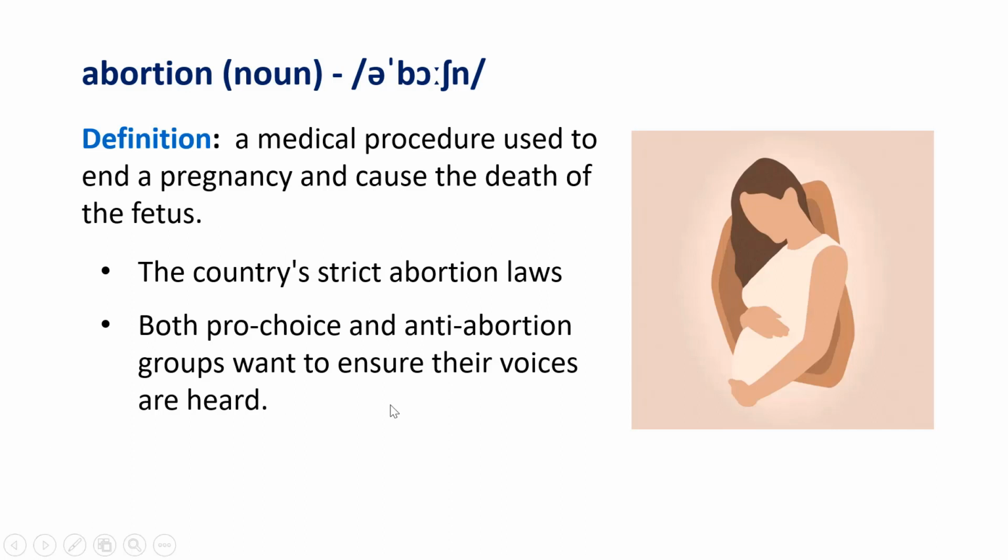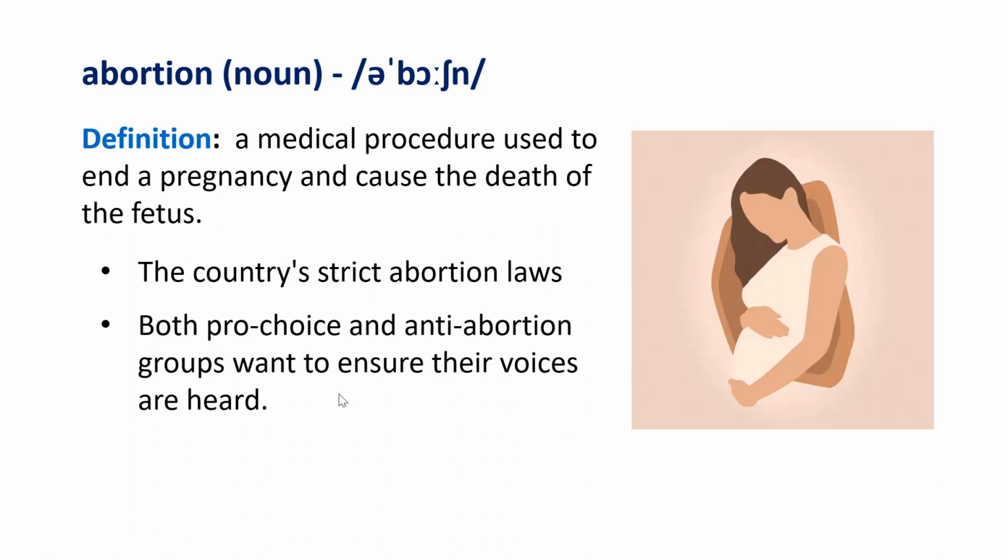So in this sentence, both pro-choice and anti-abortion refer to two groups. One group supports abortion, and the other group does not support abortion. But anyway, both groups want to ensure their voices are heard.